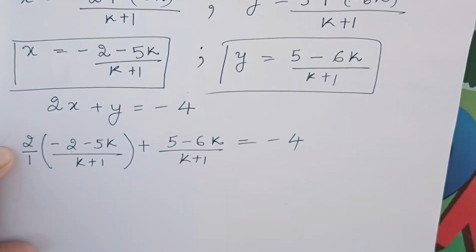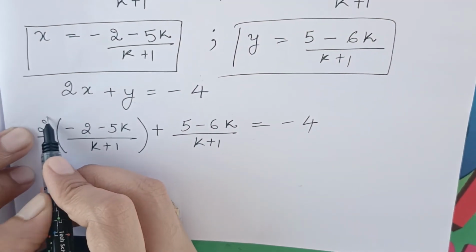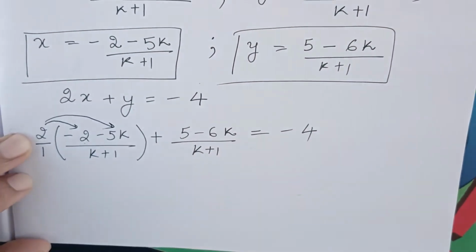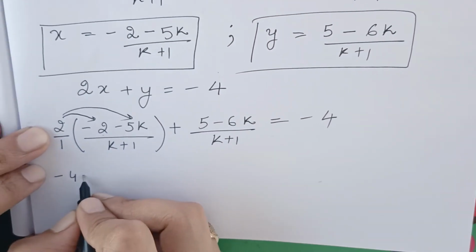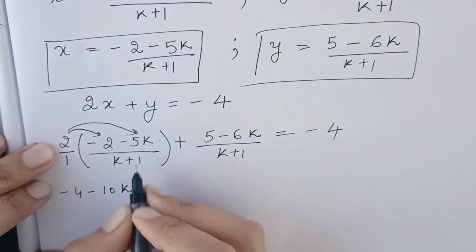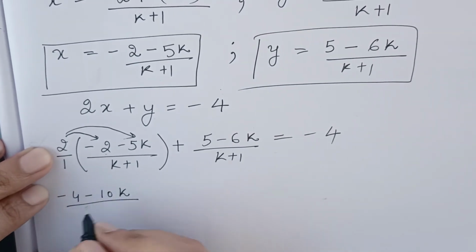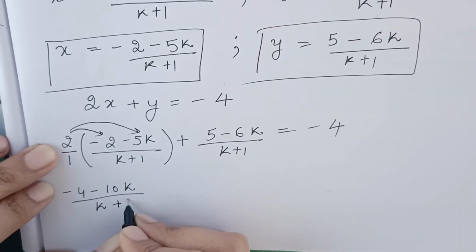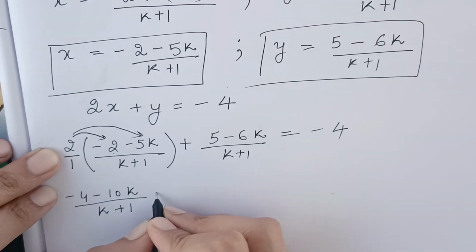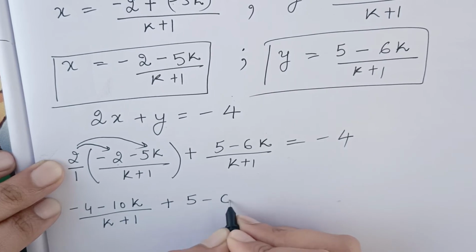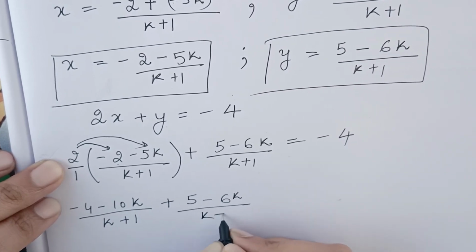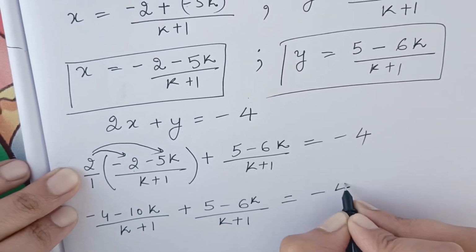Write 1 so that there won't be any confusion that this 2 has to be multiplied with only the numerator. 2 into minus 2 is minus 4, 2 into minus 5k is minus 10k, because k is in the numerator only. In the denominator, only k plus 1, 1 into k plus 1, so k plus 1, plus 5 minus 6k upon k plus 1 is equal to minus 4.